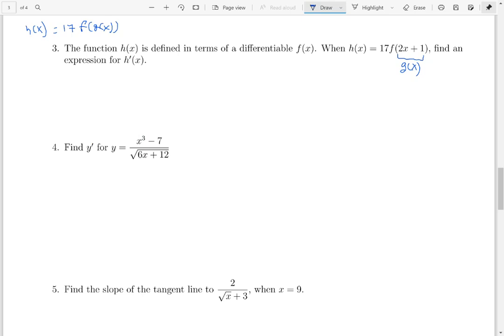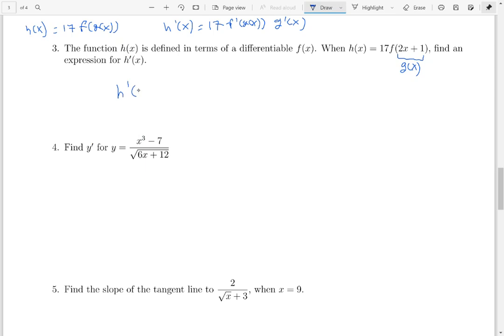Now, the 17 I didn't do anything with, but let's remember that anytime you take the derivative of a constant times a function, that's the same thing as the constant times the derivative of the function. Therefore, if I want to find h prime of x, it's good enough to say that's really going to be 17 times f prime of g of x, now I'm just applying the chain rule here, times g prime of x. And I claim that's exactly how we're going to do this.